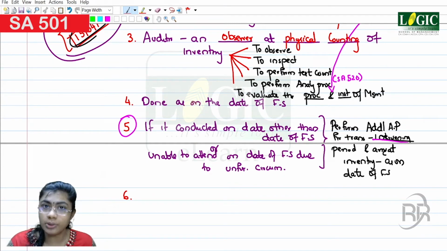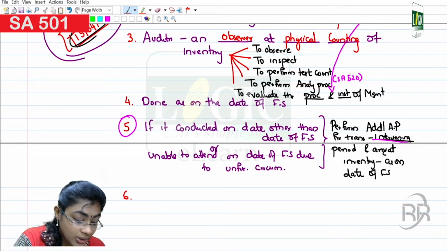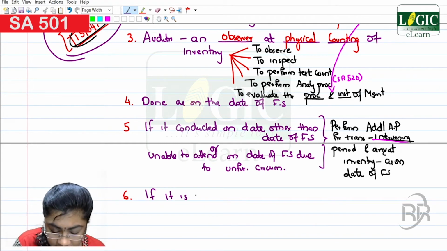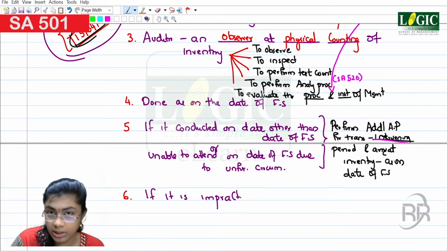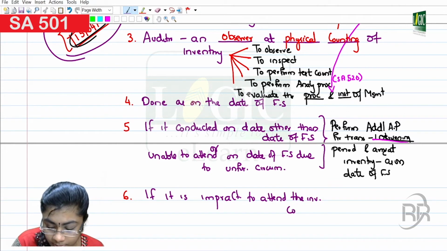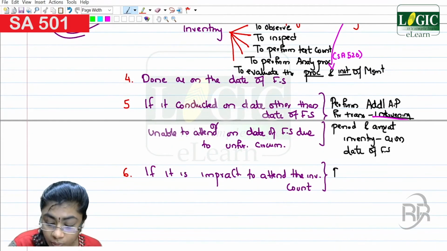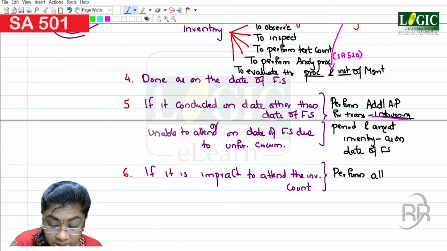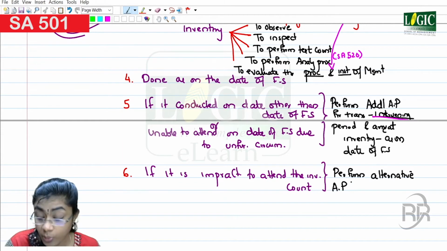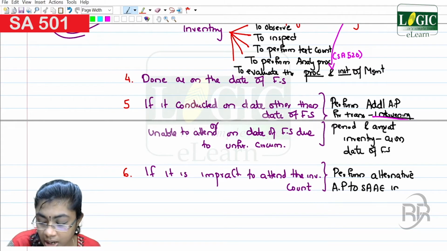Still, if you are unable to obtain evidence, you will modify. Clear? So that is the next point. What was that? If it is impracticable to attend the inventory count, then what will you do? You will perform alternative audit procedures to obtain sufficient and appropriate audit evidence regarding the inventory.